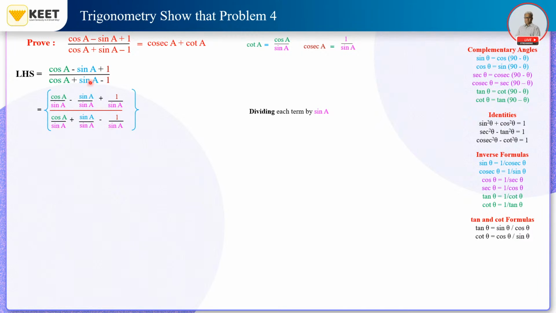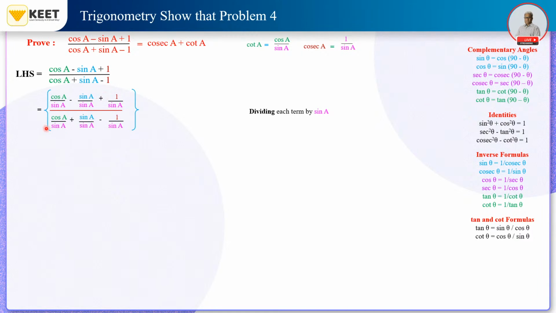So now on dividing by sin A, here cos A upon sin A will get converted in cot, sin A divided by sin A will get converted in 1, and this 1 by sin A will get converted in cosec.